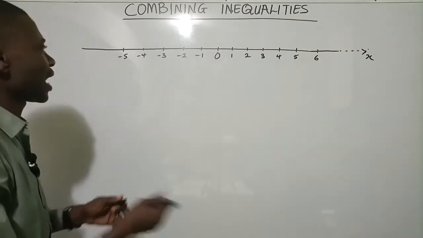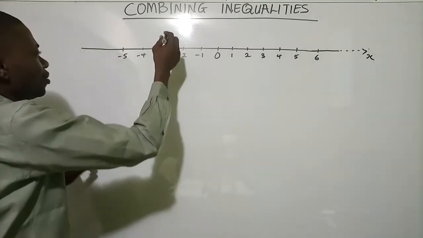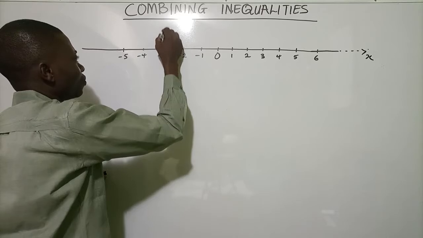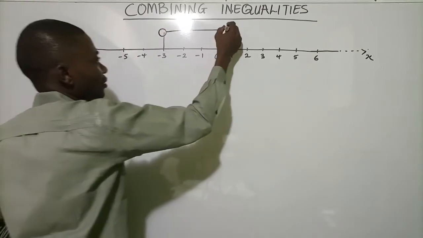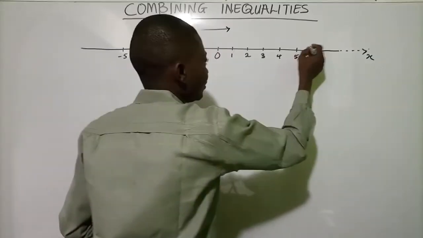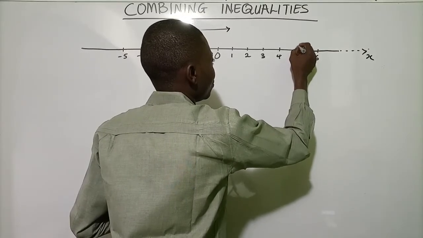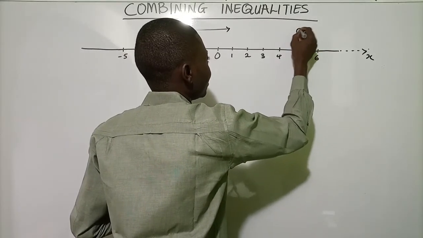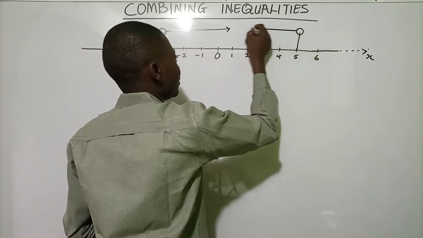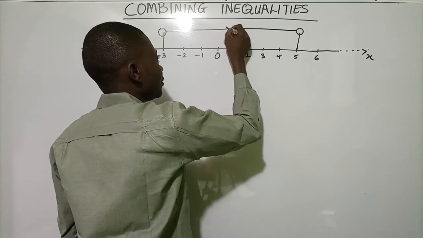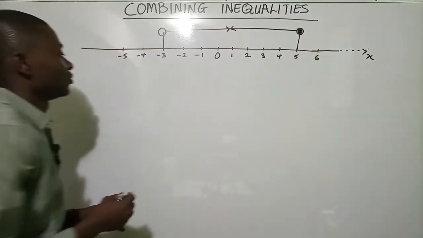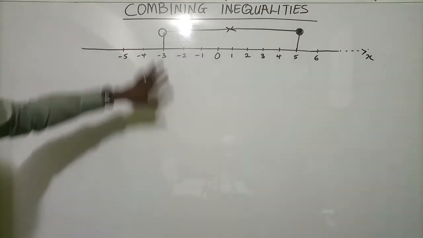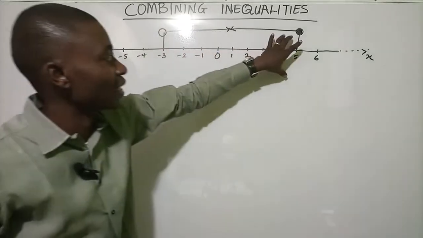Let's say for instance we have this, and then maybe you have seen something like this, and then you have this. Good. So we have this number line and we have something like this.